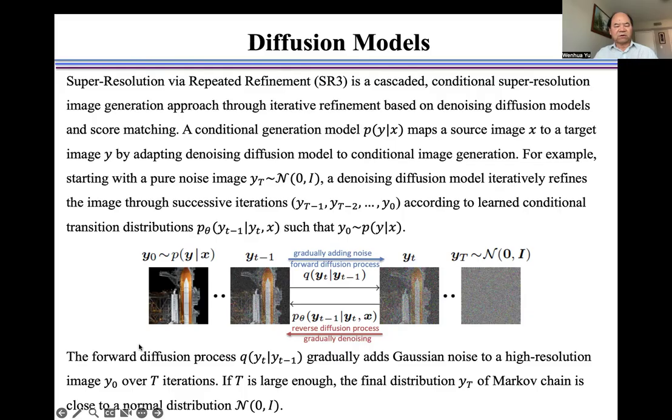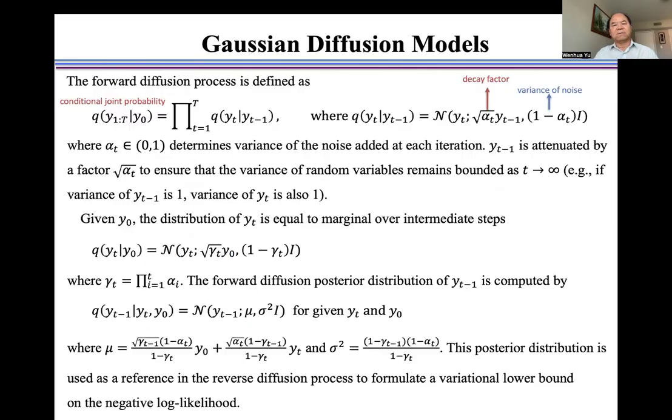The forward diffusion process Q gradually adds Gaussian noise to a high-resolution image y0 over T iterations. If T is large enough, the final distribution yT of a Markov chain is close to a normal distribution. The forward diffusion process is defined as here.